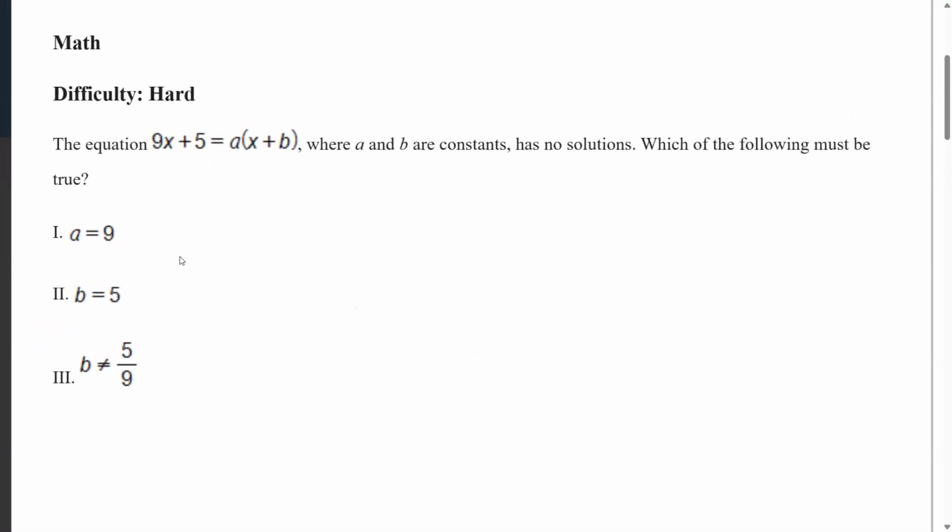Equation has no solution. Okay. He said if the equation has no solution, the values of x should be equal in both sides for them to cancel out. So 9x should equal ax. So a should equal 9.